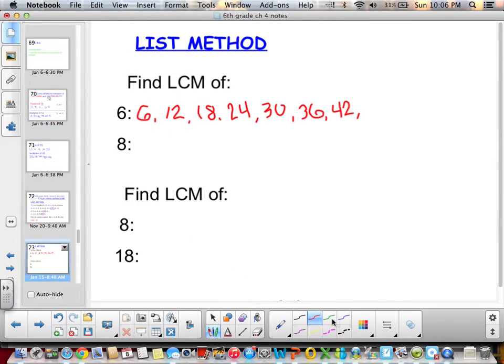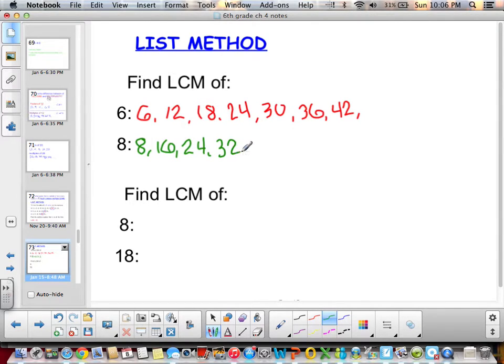So then for 8, we always include our multiples. So 8, 16, 24, 32.